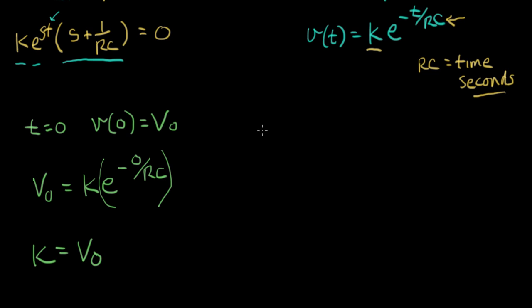And that gives us our final answer, which is v of t equals V naught, the starting voltage, times e to the minus time over RC.